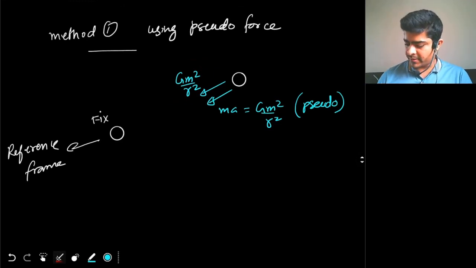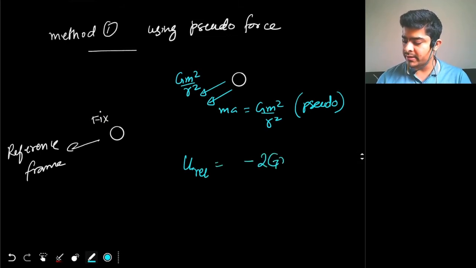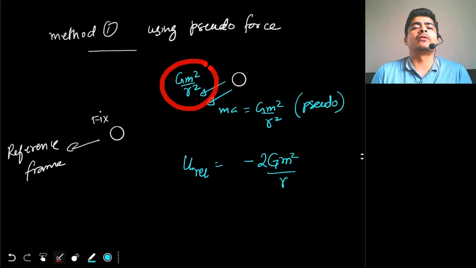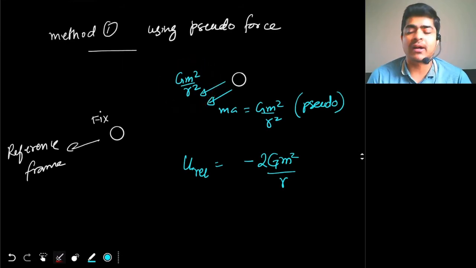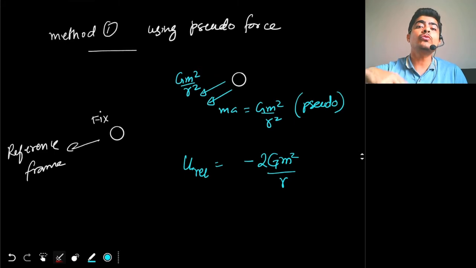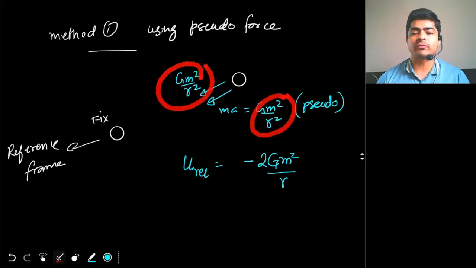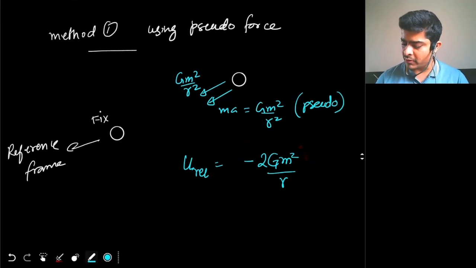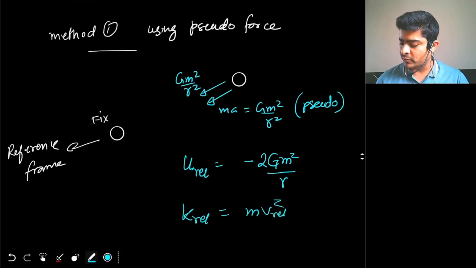Now in this reference frame we can write the relative potential energy, U relative, as minus 2 G m square by r. For gravitational force G m square by r square, the gravitational potential energy is minus G m square by r. Since the gravitational force is now 2 G m square by r square, the potential energy is also twice. Simple. And then we also have the relative kinetic energy, K relative, equal to m v relative square by 2.